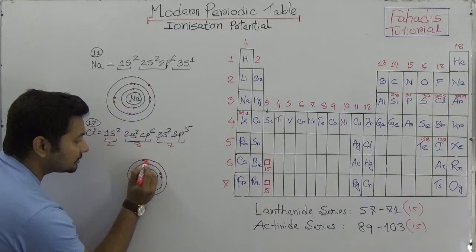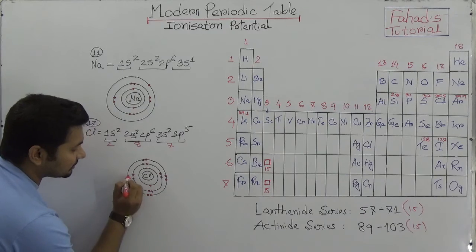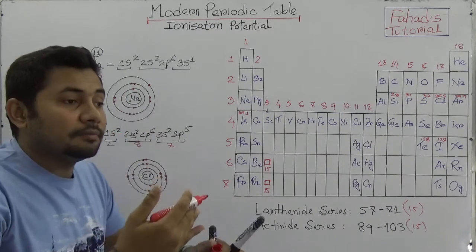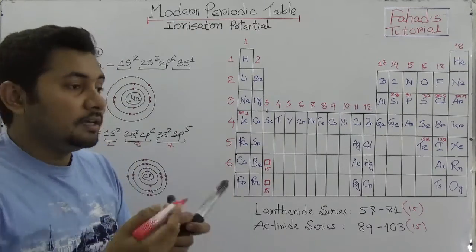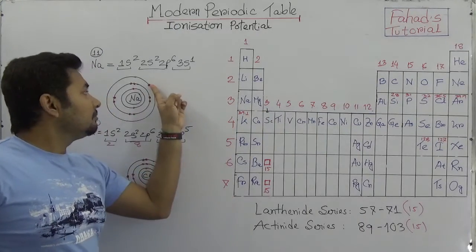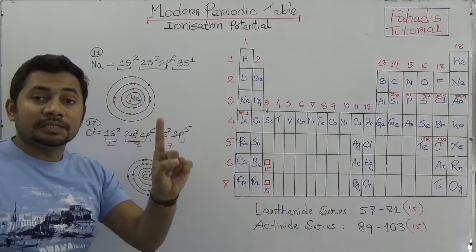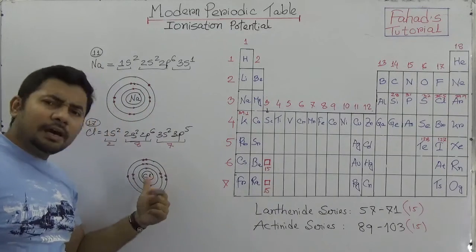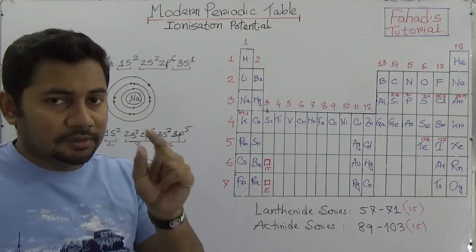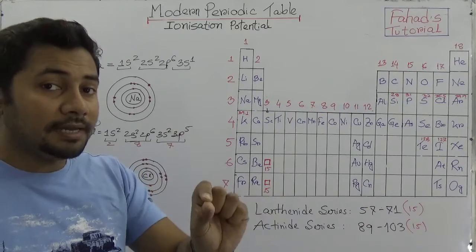So here comes the difference. If I want to remove 1 electron from a sodium atom and 1 electron from a chlorine atom, do you think the required energy will be the same? No. Why?